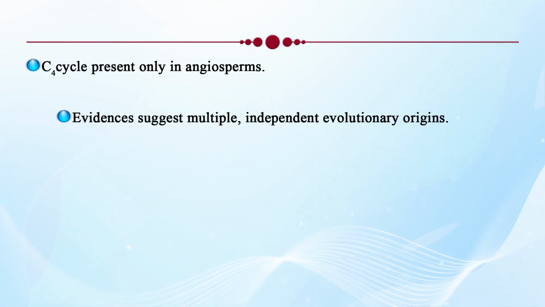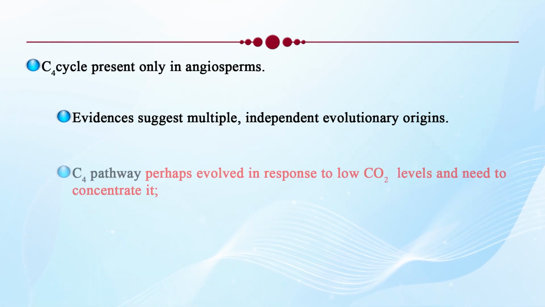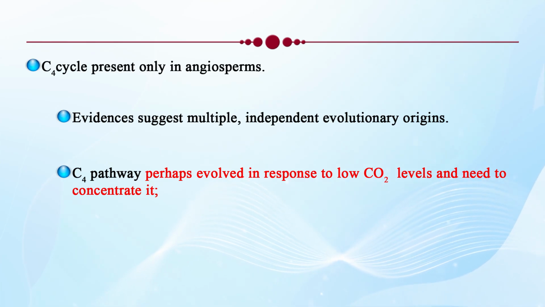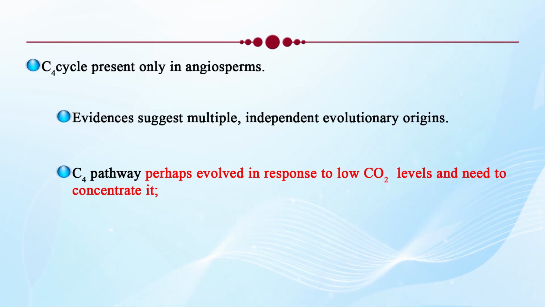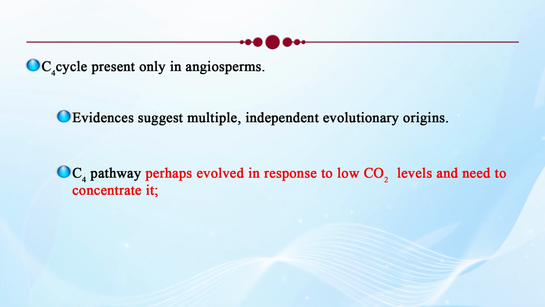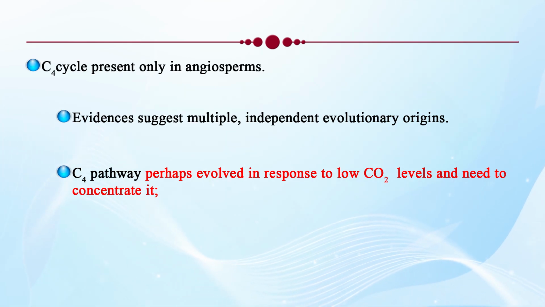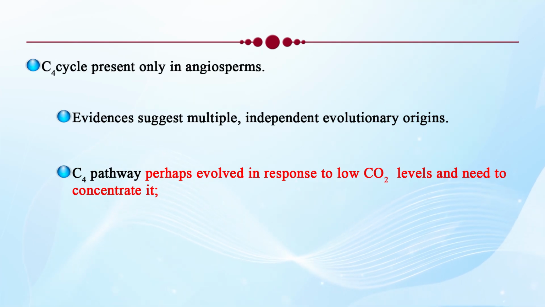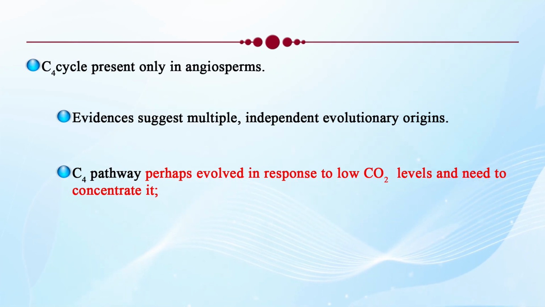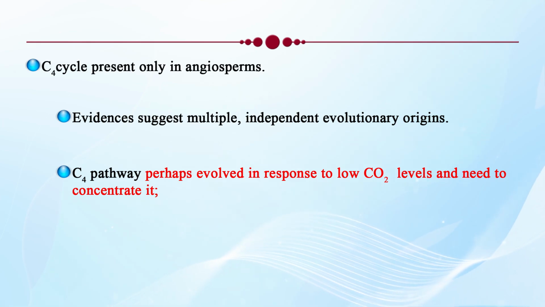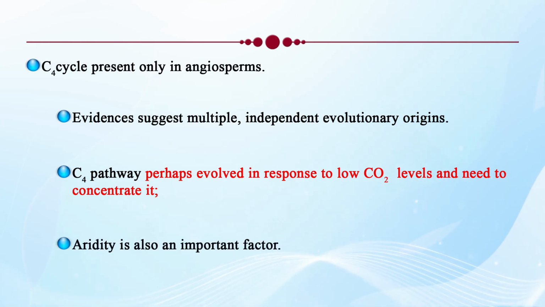It is not coming from the lower plants as such, and the C4 pathways perhaps evolved themselves in response to low CO2 levels and the need emerging from it therefore to concentrate it further and to supply it to rubisco. And we find that aridity, that is the arid conditions, seem to be a very important factor.